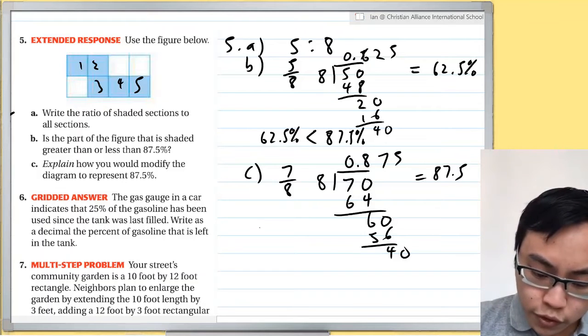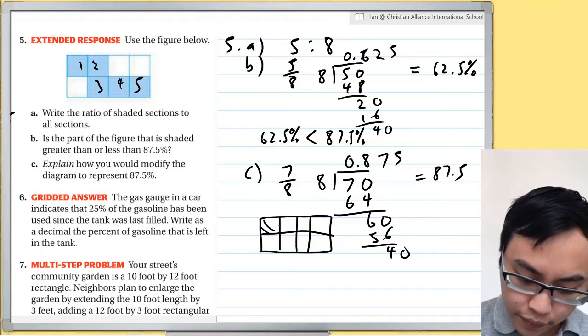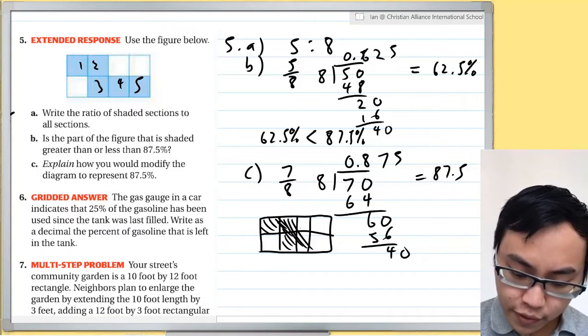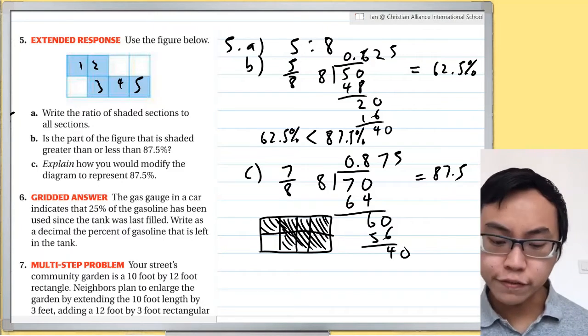So we want to change the diagram so that 7 of the boxes are shaded rather than just 5.